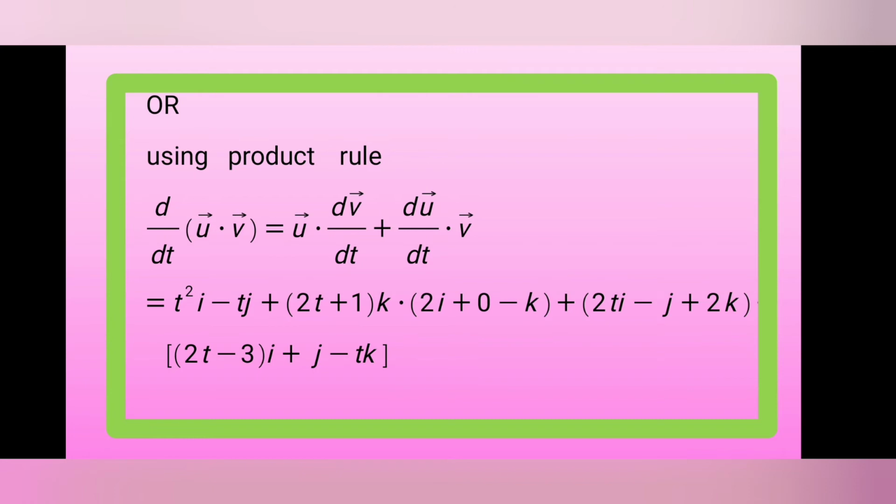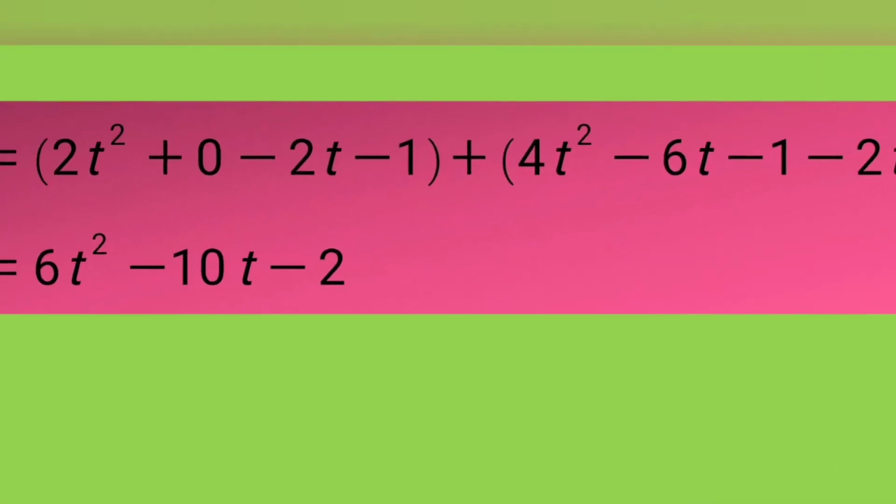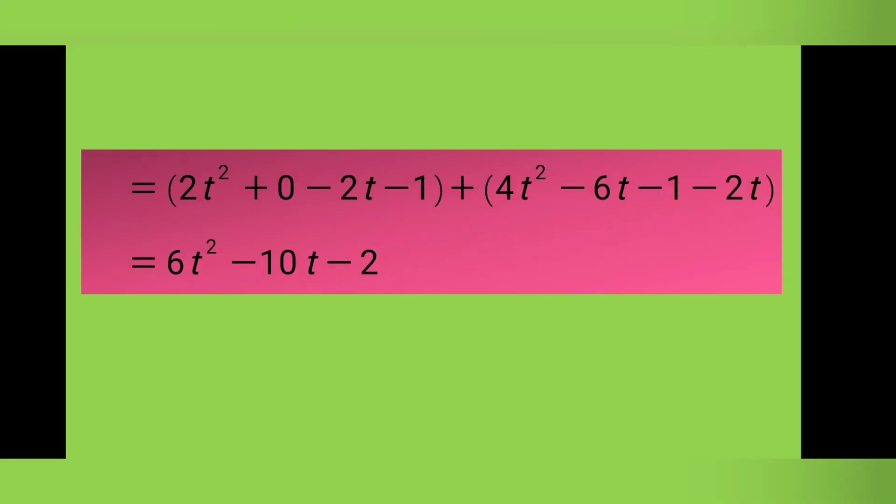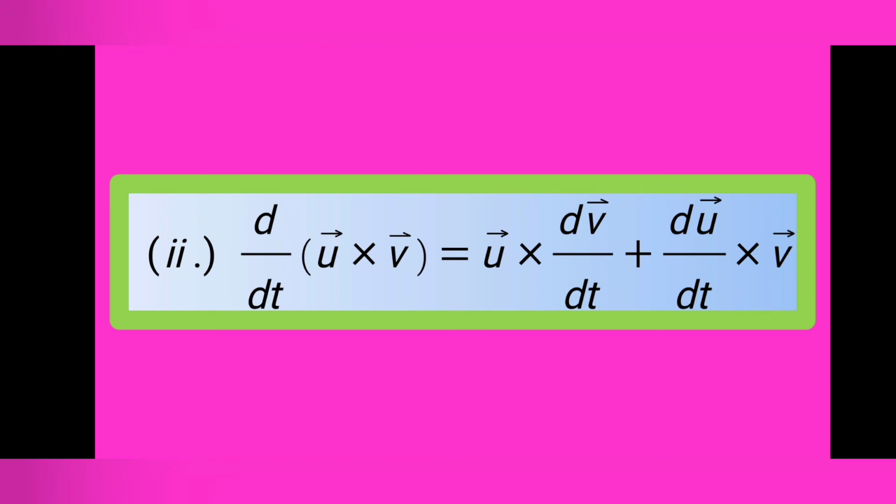If we find the two derivatives, then we take the product u · dv/dt and the product du/dt · v, then add the two products together. If we do that, we will still arrive at the same 6t² − 10t − 2. Number II is to find the derivative of u × v.